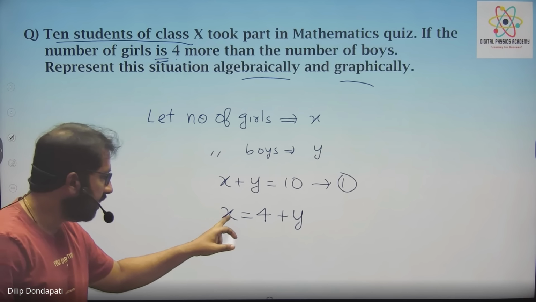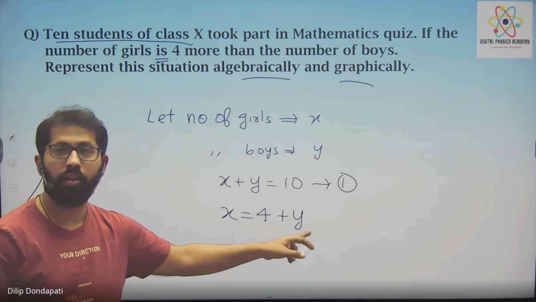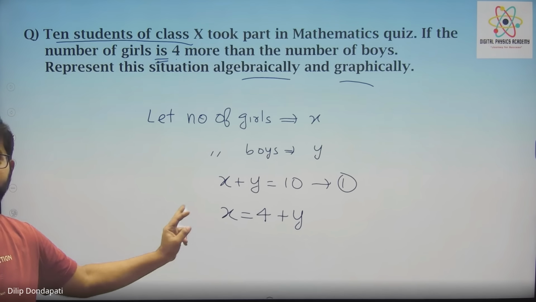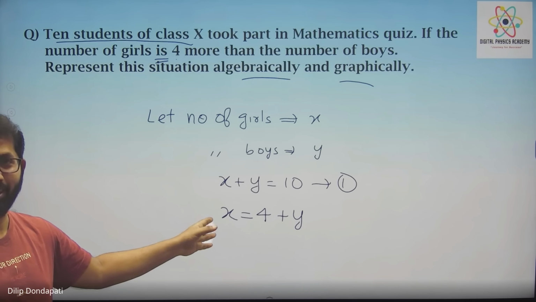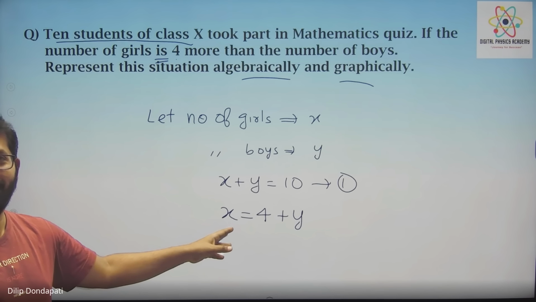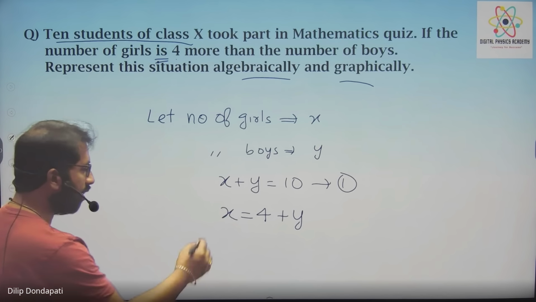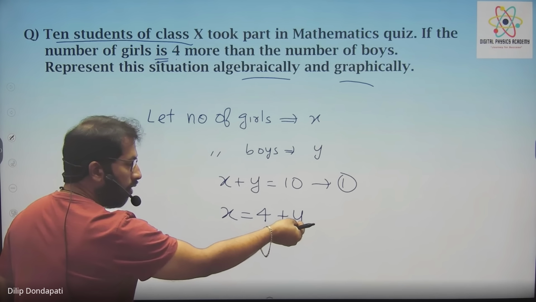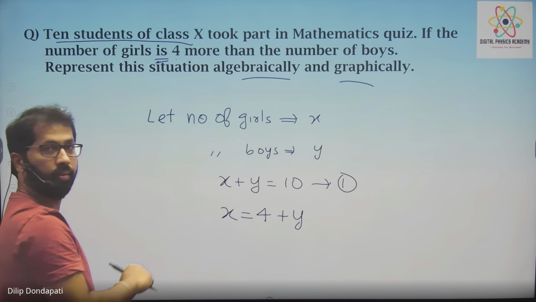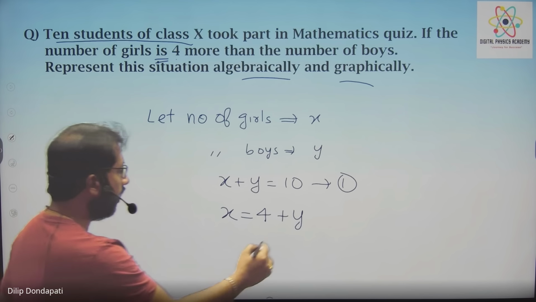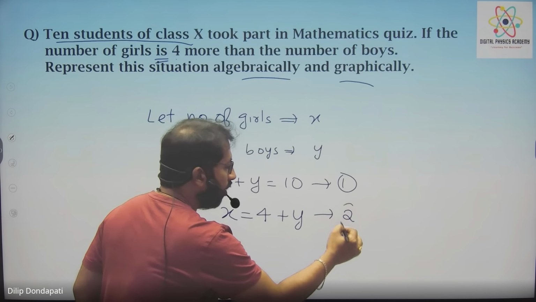Can you tell me by seeing this equation whether girls are more or boys are more? Girls are more. Why? Because suppose y is 2, girls will be 4 plus 2, which is 6, so the girls will be more. This is the second equation. You got two equations nicely.